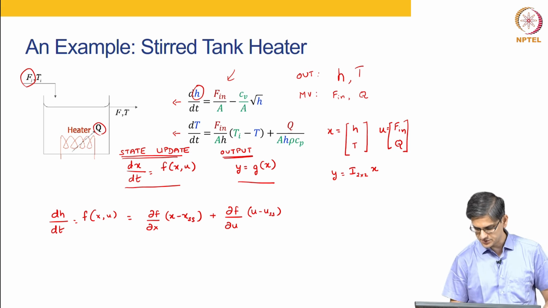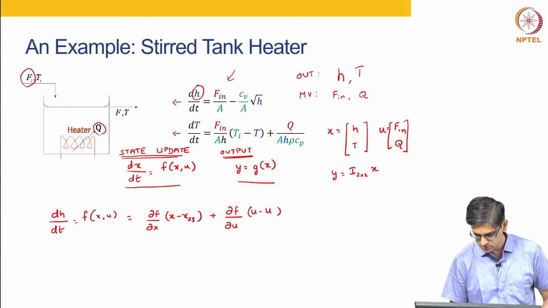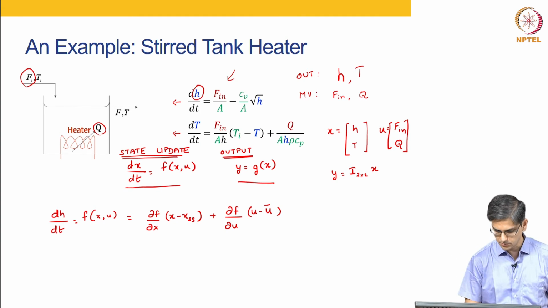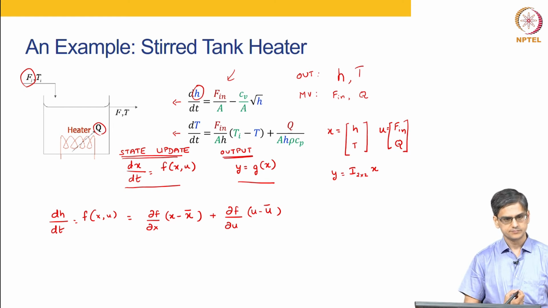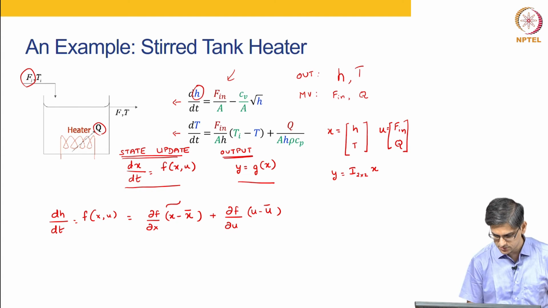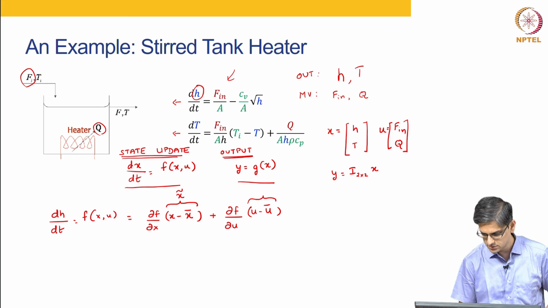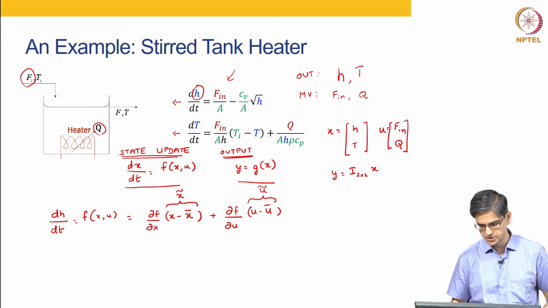Okay. Let us represent u steady state as u bar, x steady state as x bar. Okay. And let us represent these deviations as x tilde and u tilde.